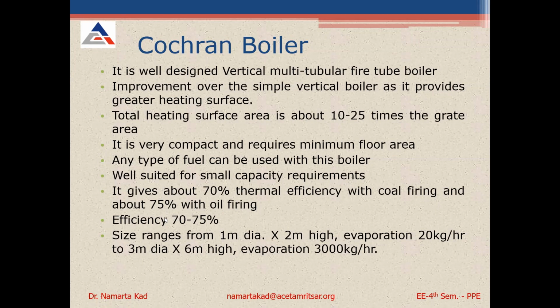Okay, so the efficiency comes in the range of 70 to 75%, and 25 to 30% heat loss is there in this Cochrane boiler. And its size ranges from 1 meter diameter by 2 meter high, evaporation at the rate of 20 kg per hour, to 3 meter diameter by 6 meter high, evaporation at the rate of 3000 kg per hour. Okay, so these are some of the points for the Cochrane boiler.